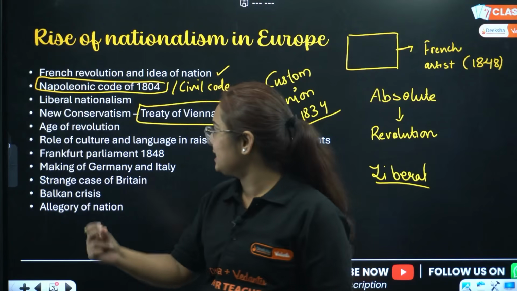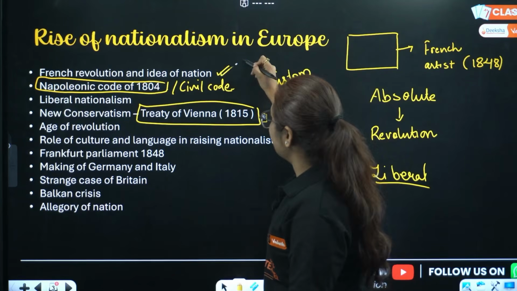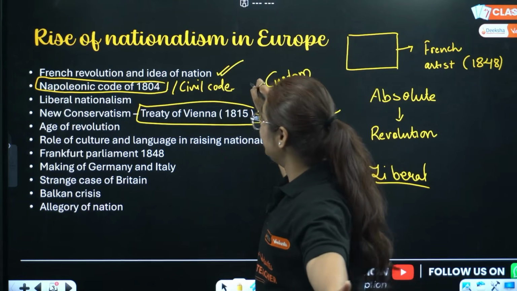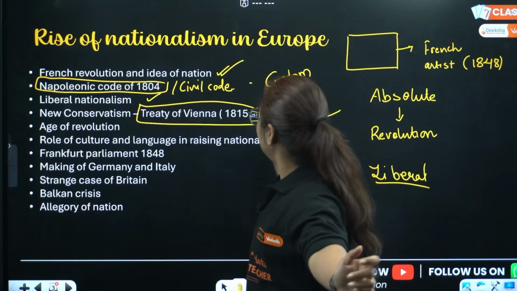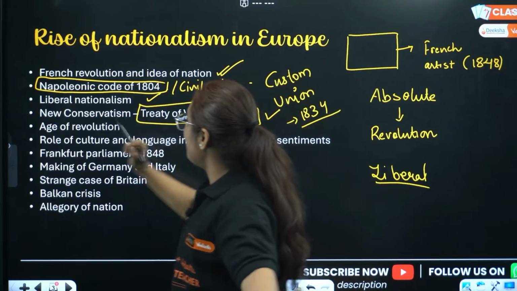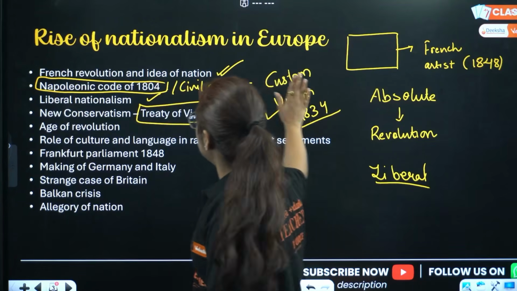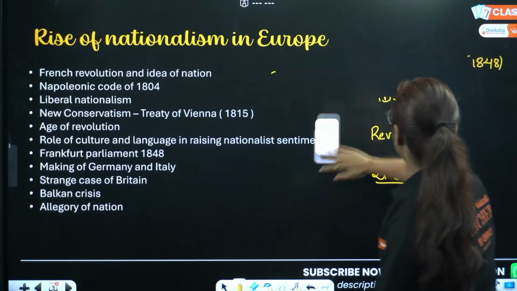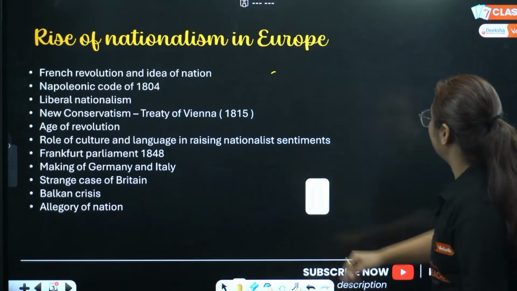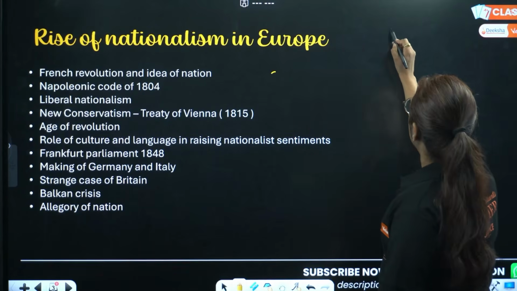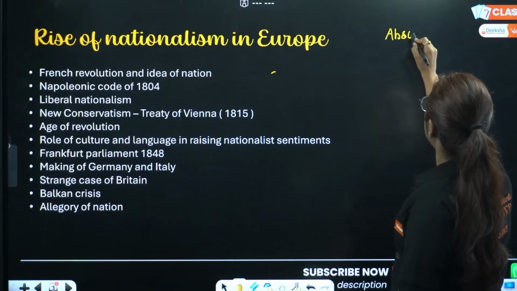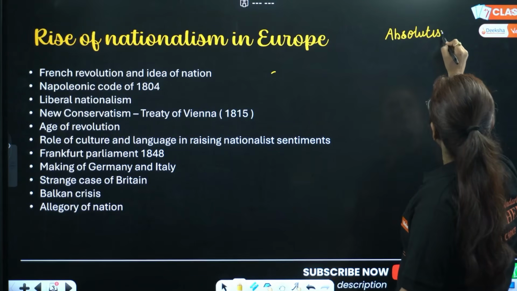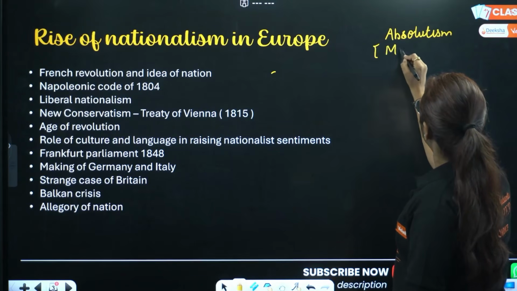Get it? Very good. So French Revolution done, Napoleonic Code done, liberal nationalism, Treaty of Vienna. Now comes the point. My dear students, now pay attention. I am telling you a timeline that you need to remember. There was a time when there was absolutism, and by absolutism I mean monarchical rule.